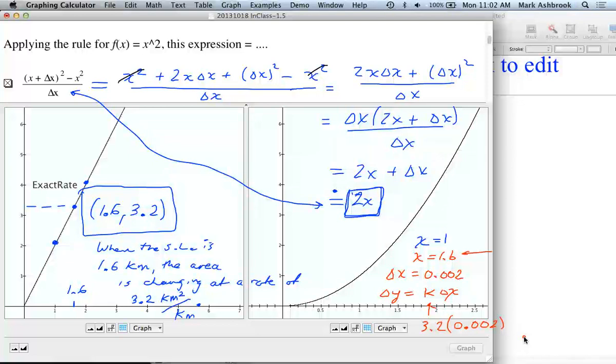So we're working on this a lot, right? So we just have to apply it to this situation. That means the change in area is always 3.2 times the change in the side length. So what value is that? 0.064? No, 0.0064?